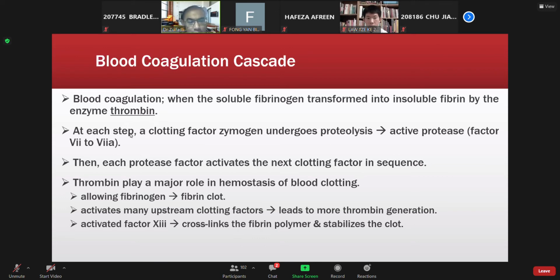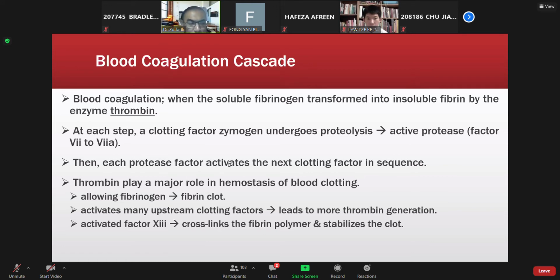At each step, a clotting factor zymogen undergoes proteolysis, so it is activated to become an active protease, for example converting factor 7 to factor 7A.